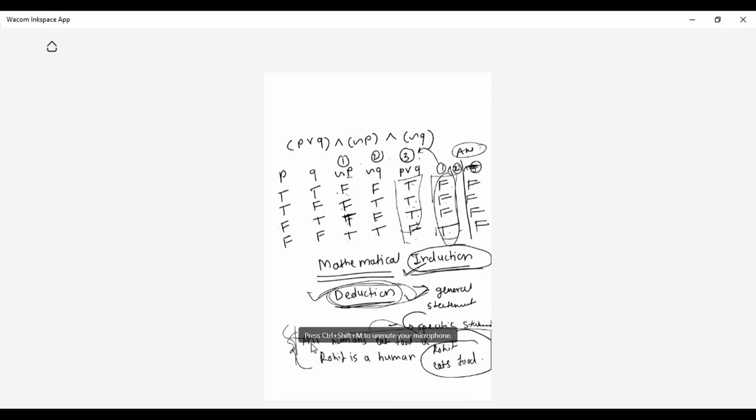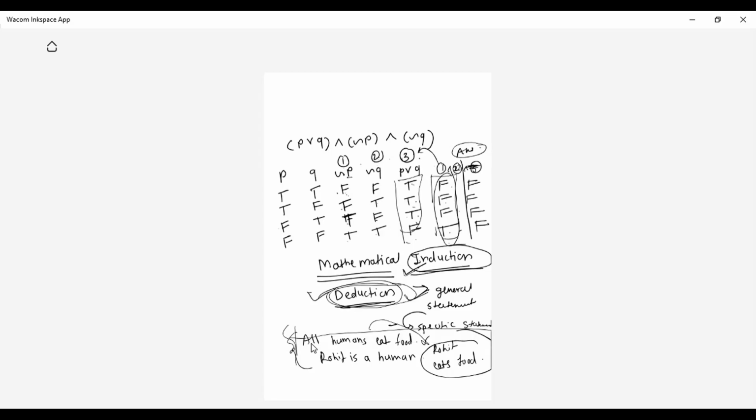I hope you have understood what deduction is. If you are done with deduction, then what would be induction, student? In induction, we move from specific statement to general statement, and that is the application of induction. I will give you an example and you will come to know. Deduction, you have to remember, is that from a general statement we try to extract the specific statement.